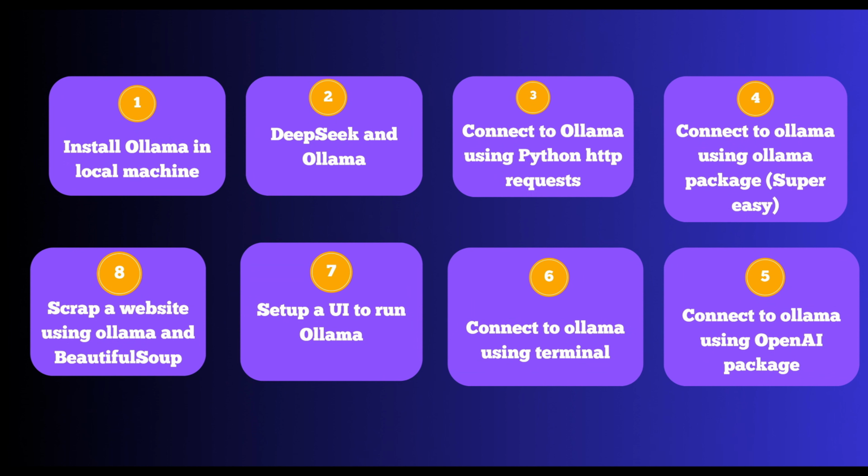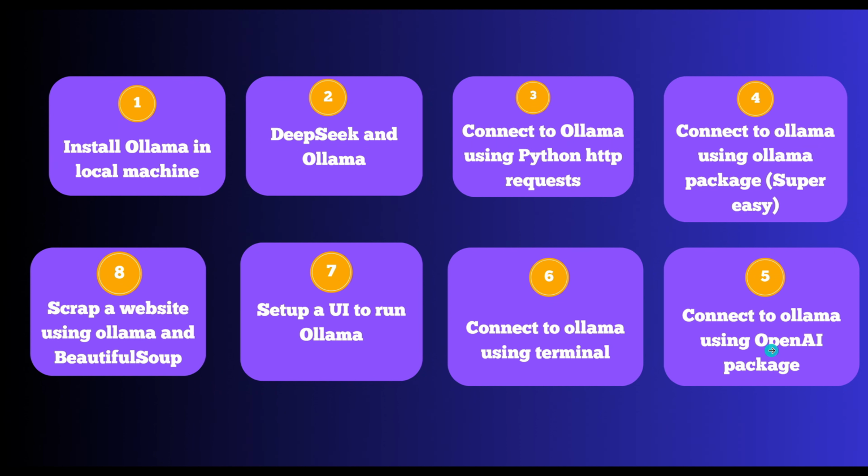This is what we are going to look into today. We are building today: first, we install Ollama on a local machine. Then we use two different language models, DeepSeek and Llama. And we connect to Ollama in 4 different ways. First one is connecting to Ollama using a Python HTTP request, to the locally hosted one. Then we use the Ollama package, and by using the Ollama package, we can save a tremendous amount of code.